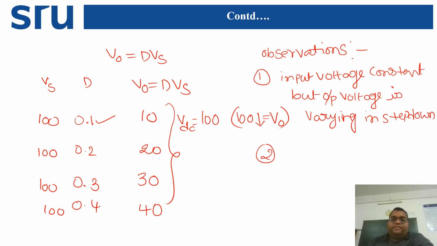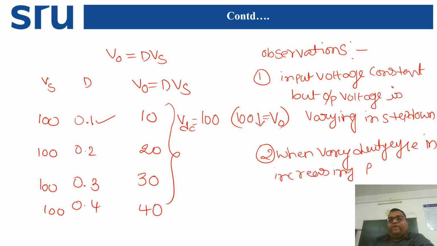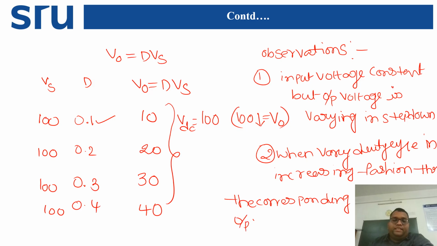Now, the second point is that when we vary the duty cycle in an increasing fashion, then the corresponding output voltage is increased.